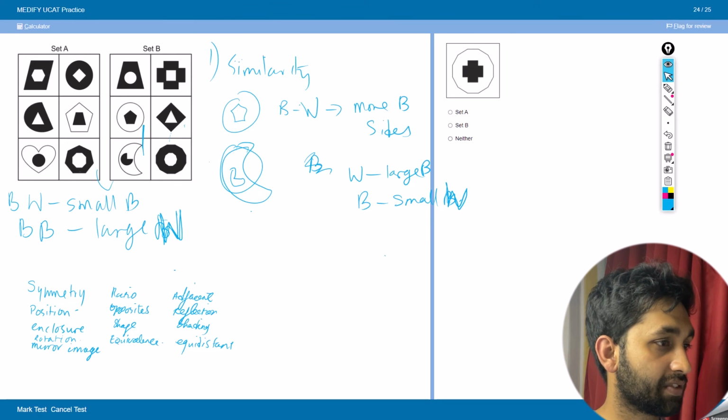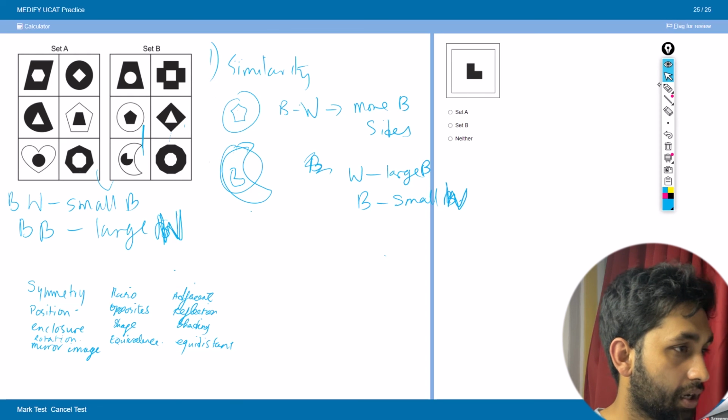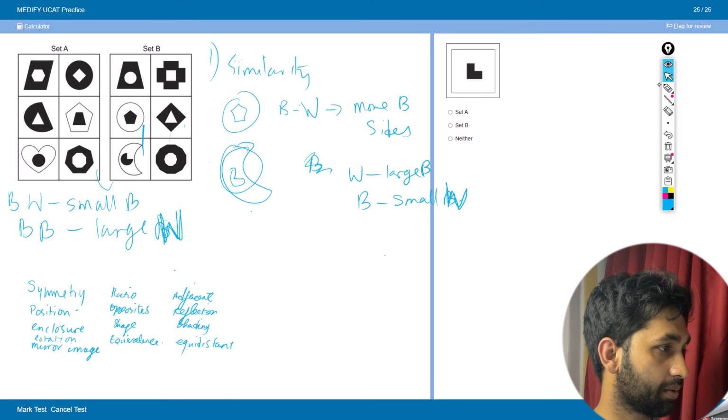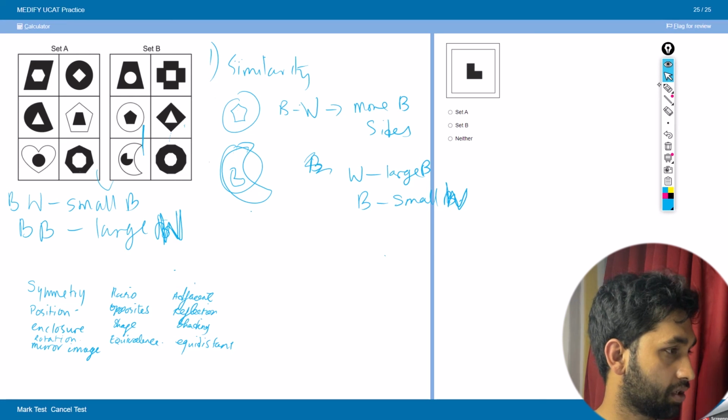That's neither because they're both the same. Small black shape in the middle. 1, 2, 3, 4, 5, 6. B.